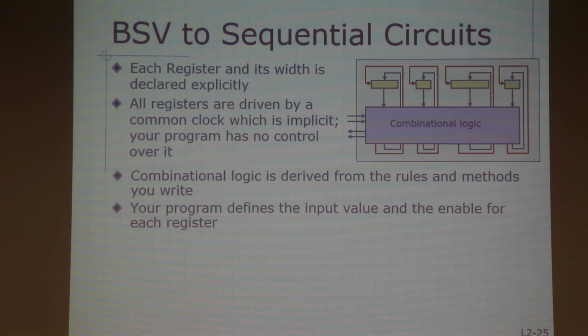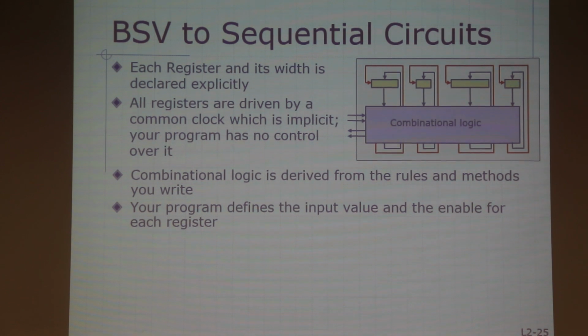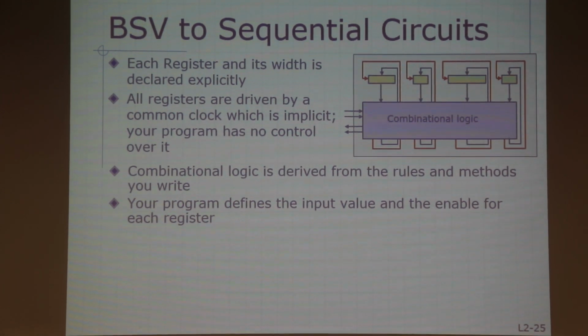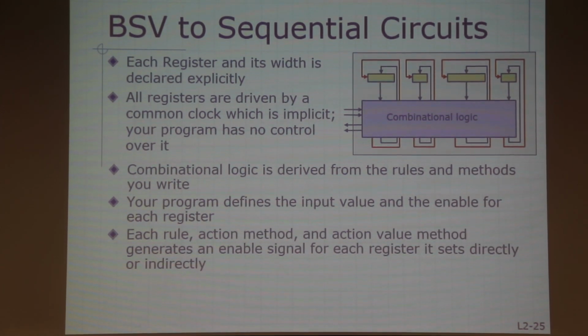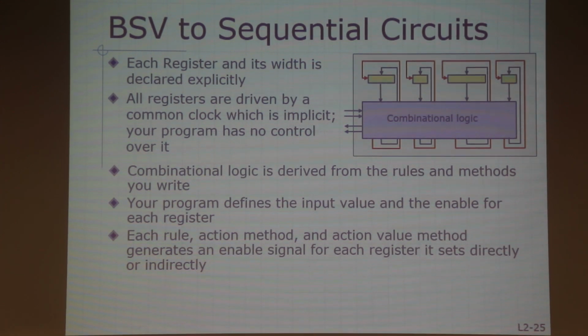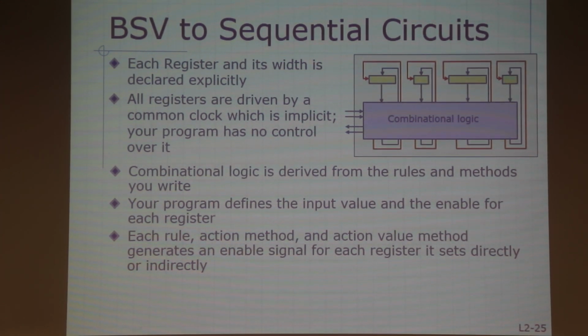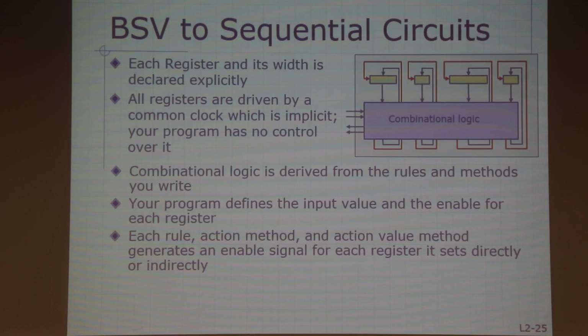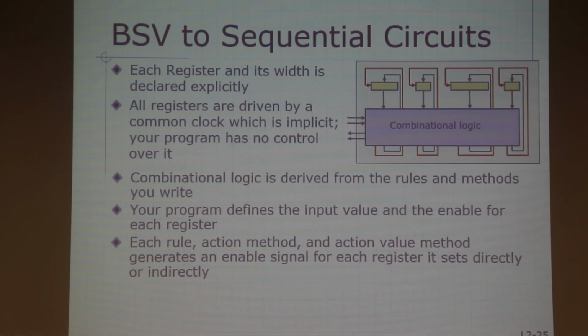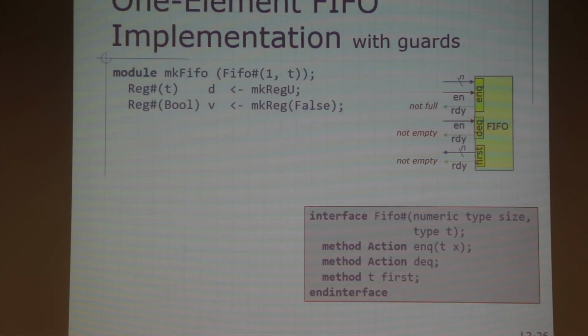And your program defines the input value and the enable for each register, every cycle. Okay, and each rule generates an enable signal for each register, directly or indirectly.